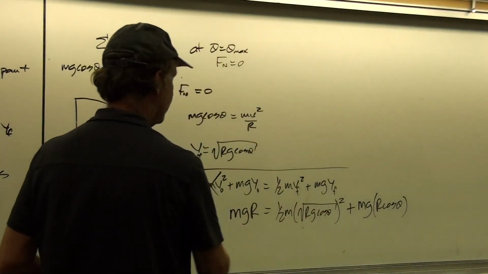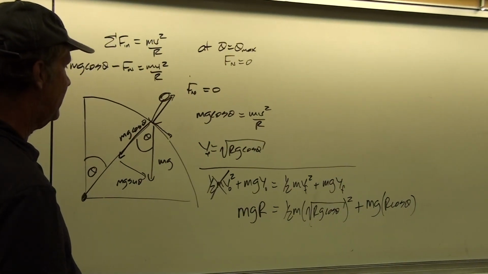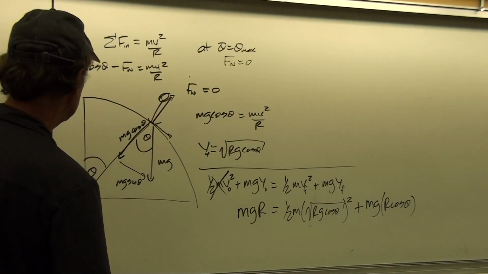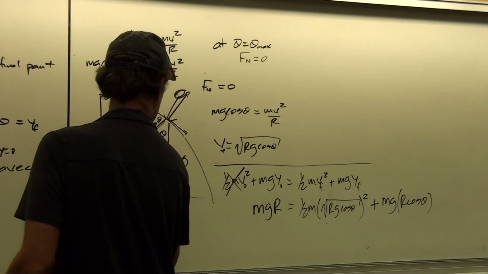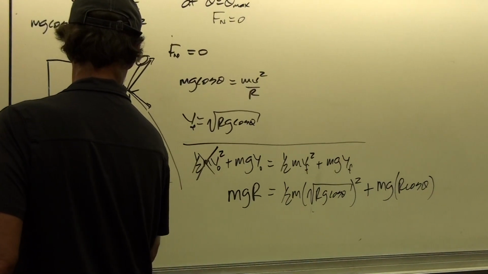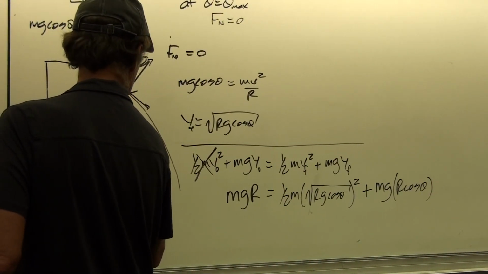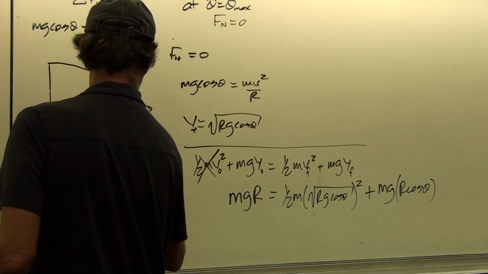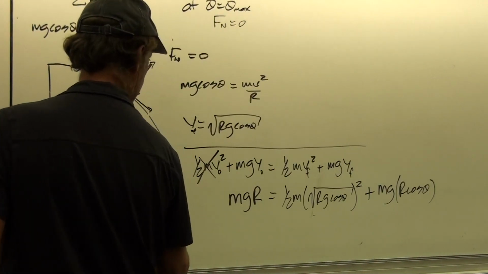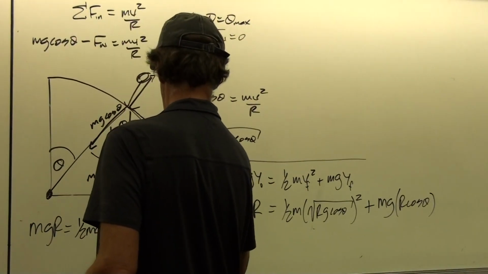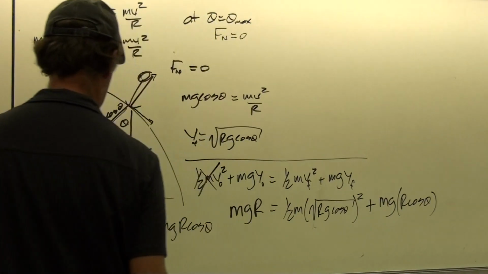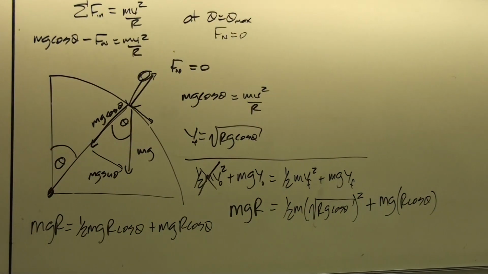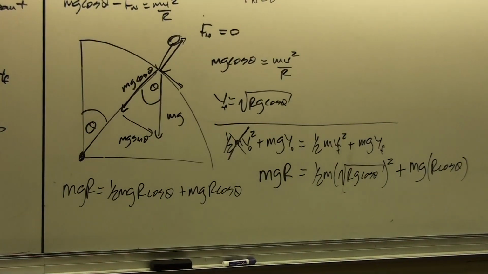Okay, so this is the equation that we need to solve. And if we work this thing through, what we get is mgr equals 1/2 mgr cosine theta plus mgr cosine theta. And so that's just taking all of that and plugging it in.